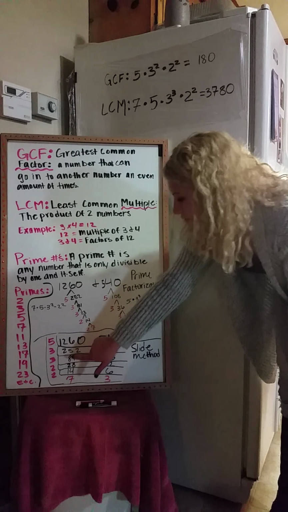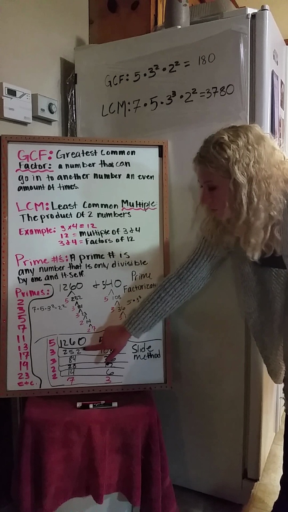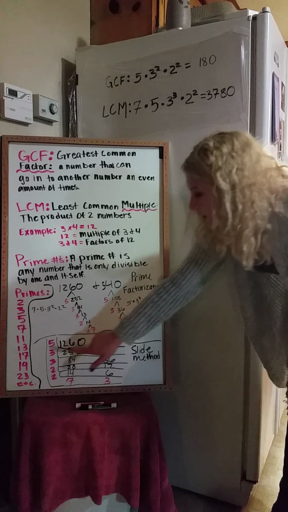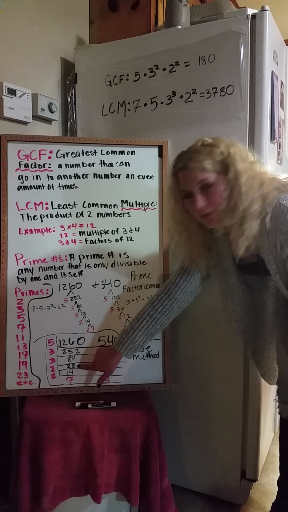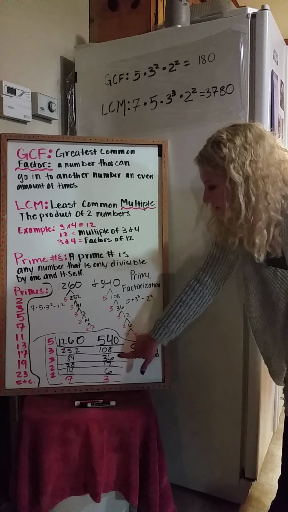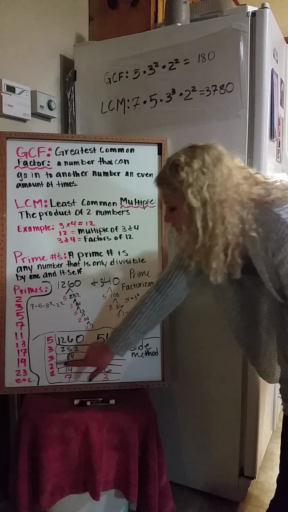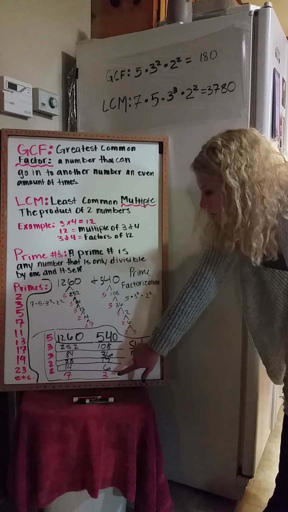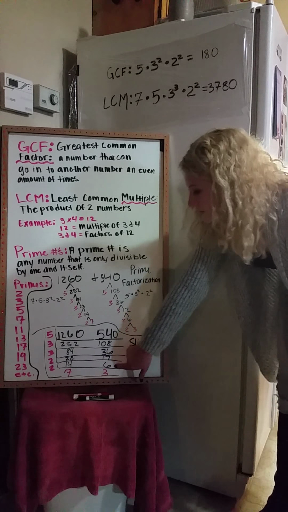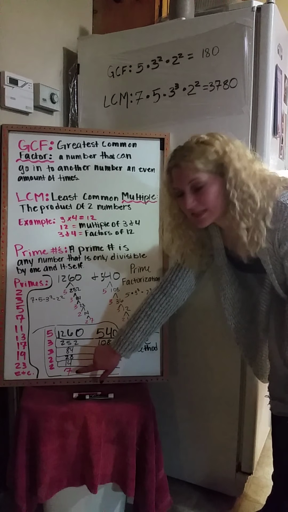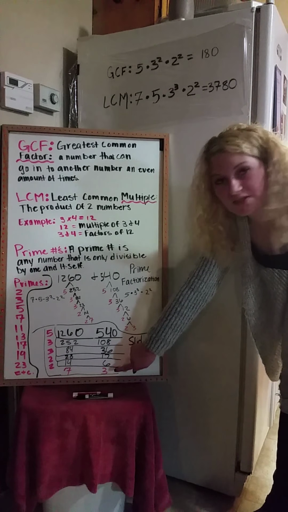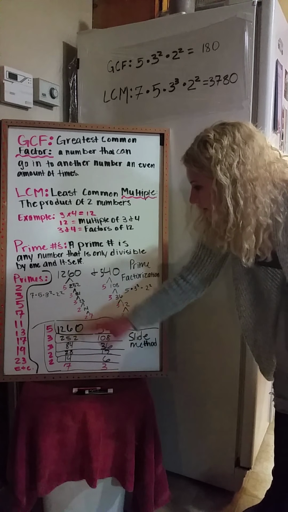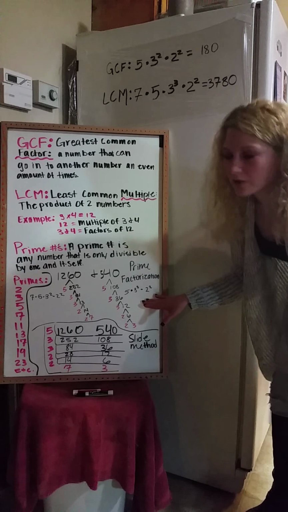So 3 goes into 252 84 times, and 3 goes into 108 36 times. 3 goes into 84 28 times. 3 goes into 36 12 times. 2 goes into 28 14 times, and 2 goes into 12 6 times. 2 goes into 14 7 times, and 2 goes into 6 3 times. So we're left with all of our red prime numbers again, and we are able to see that we have the same numbers that we have up here.